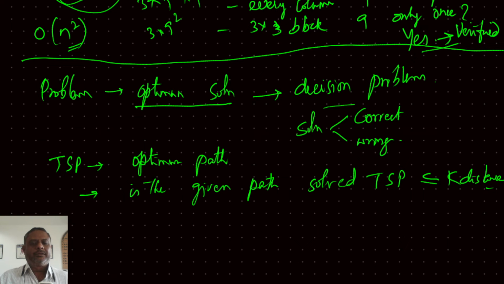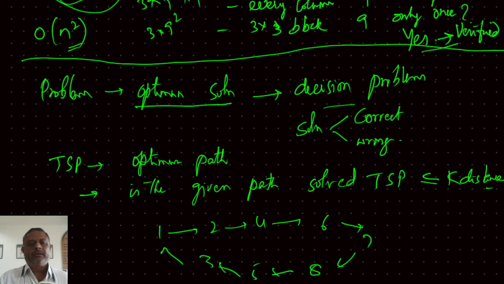So we are given a path: 1 to 2, 2 to 4, 4 to 6, 6 to 7, 7 to 8, 8 to 5, 5 to 3, and 3 to 1. Some such thing is given. That's one solution. And we just ask the question: is this solvable in less than k distance?